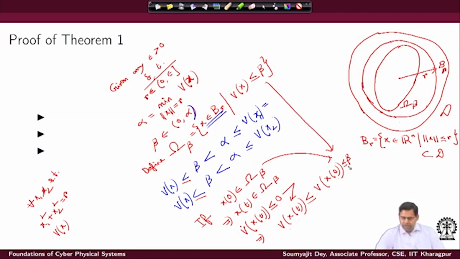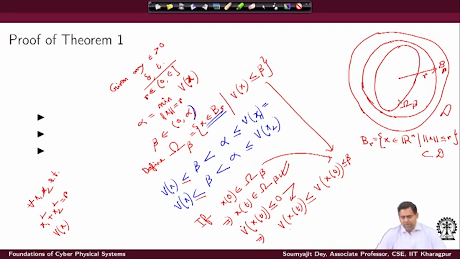Now, the only way for that to be true is that x t is inside omega beta. So this is like an invariant set, and it is able to bound the system's trajectory.